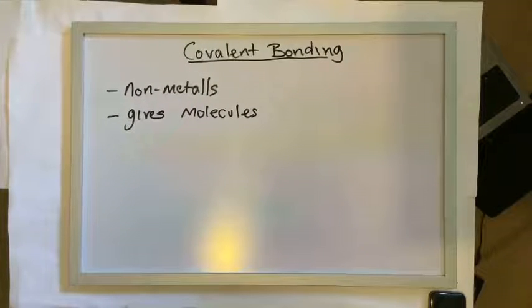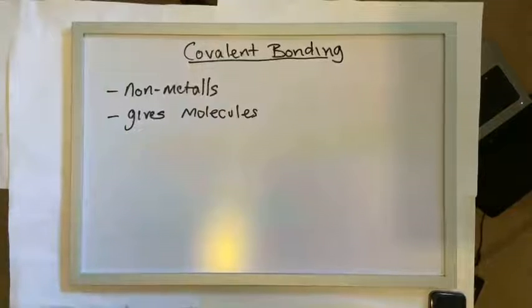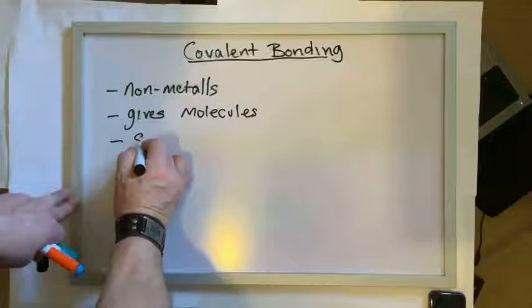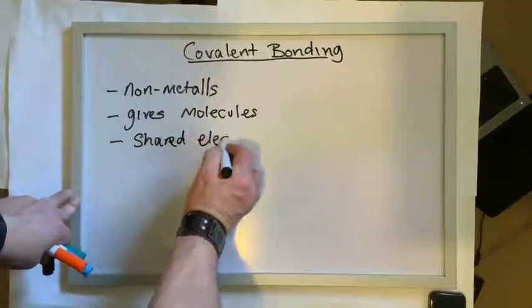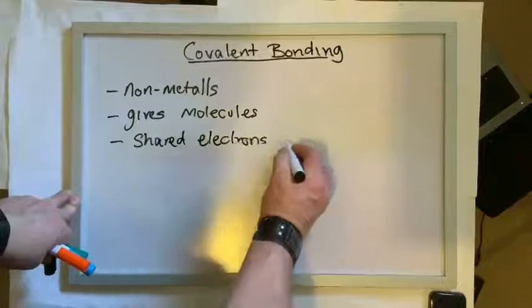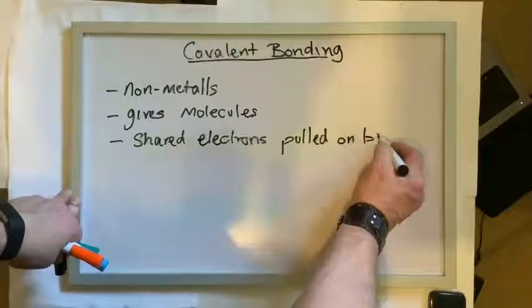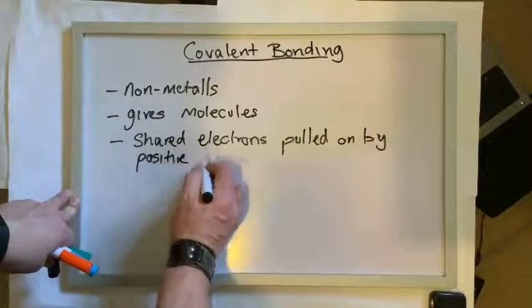So O2 is an oxygen molecule. And it has a definition of shared electrons pulled on by positive nuclei.